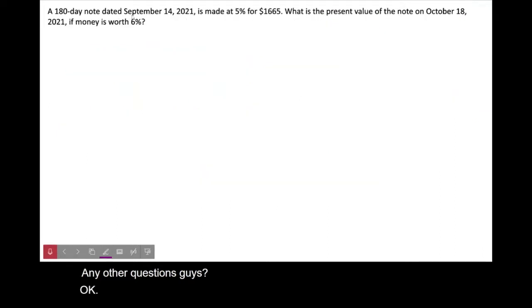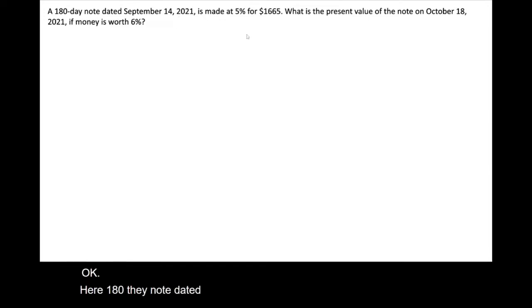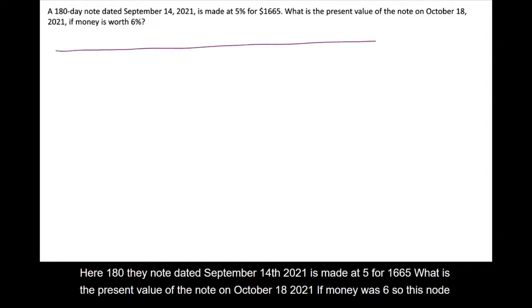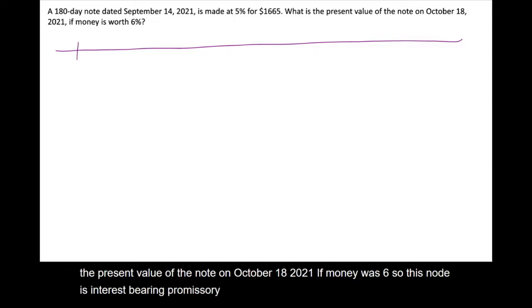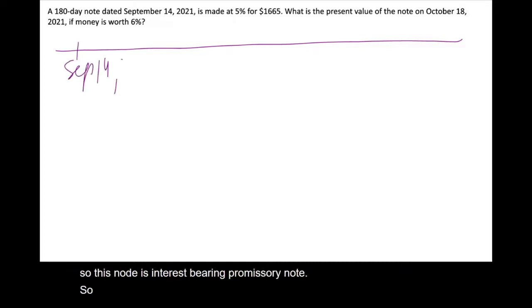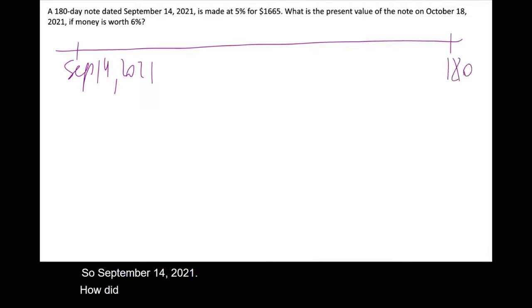Here, a 180-day note dated September 14, 2021 is made at 5% for 1665. What is the present value of the note on October 18, 2021 if money is worth 6%? So this note is an interest-bearing promissory note. September 14, 2021, 180 days, and I have 1665 here at the beginning.